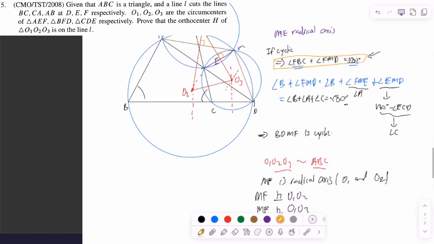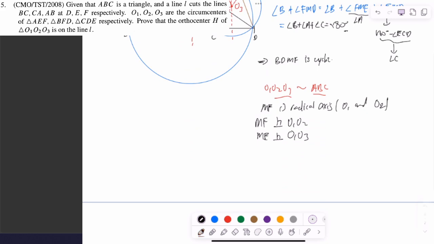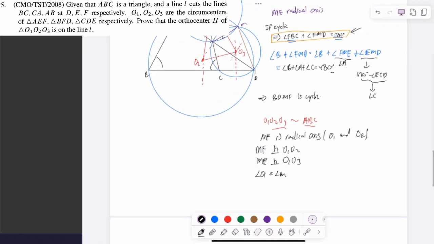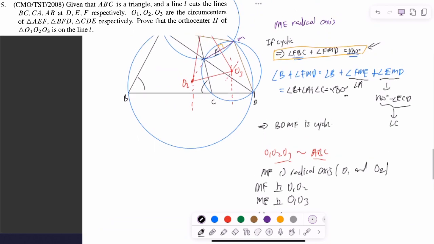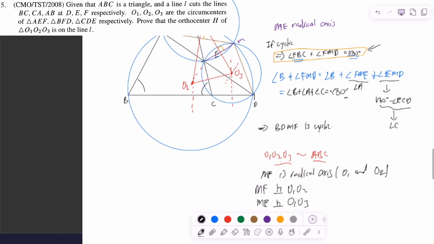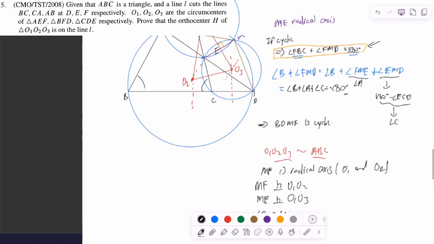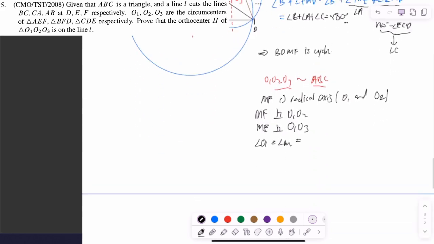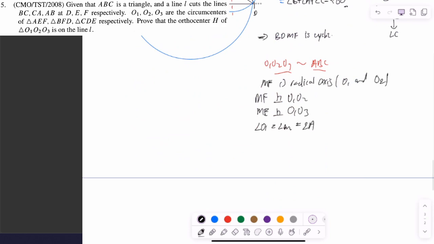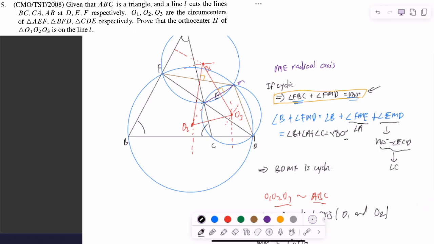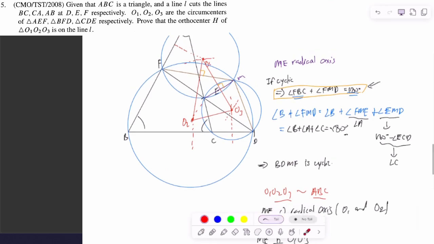And this tells me that angle O1 equals angle M. Angle O1 equals angle M, which is also equal to A because of the cyclic chord.